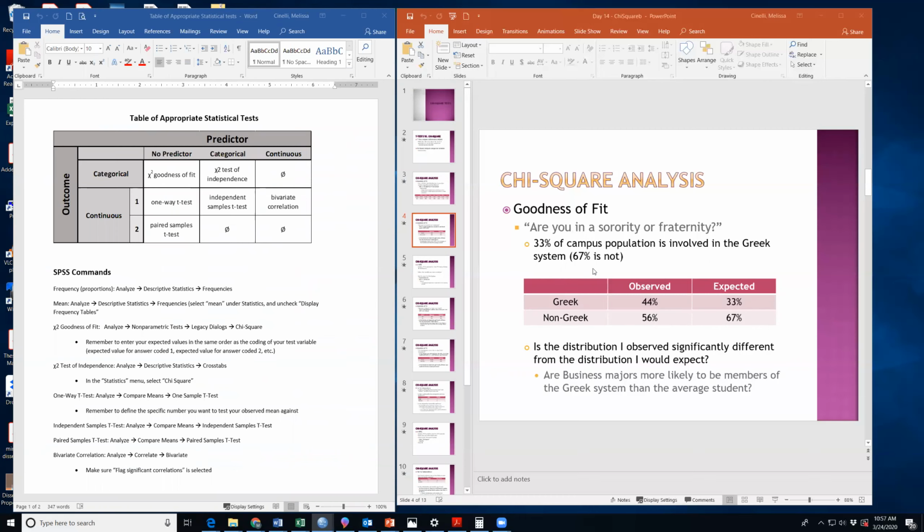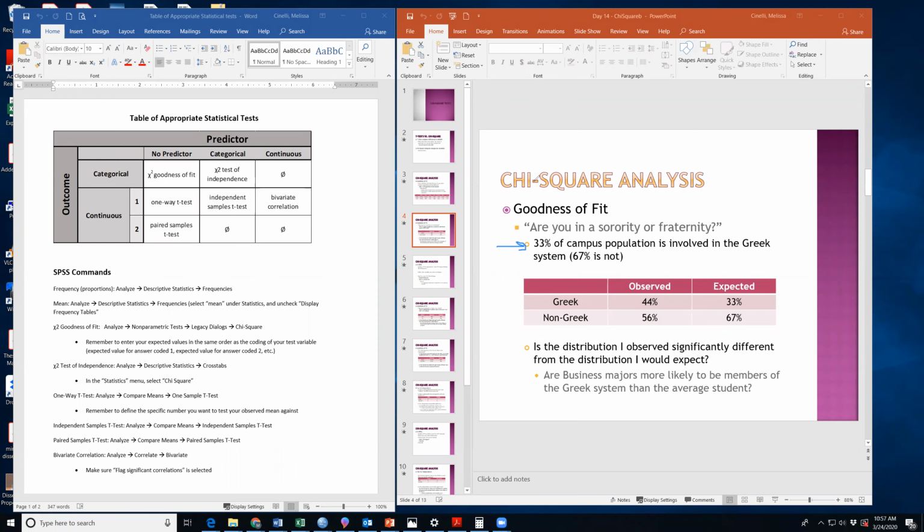All right, I'm going to show you how to do this stuff in SPSS and how to look at the output. But here's our first question. There was this question on the survey that asked, are you in a sorority or fraternity? All right, and before I even look at the survey data, I know from what the university reported on their website the year that this survey was administered, that 33% of the campus population is involved in the Greek system.